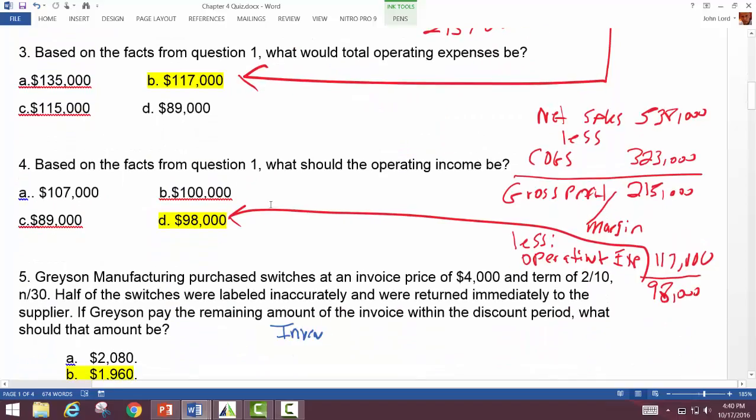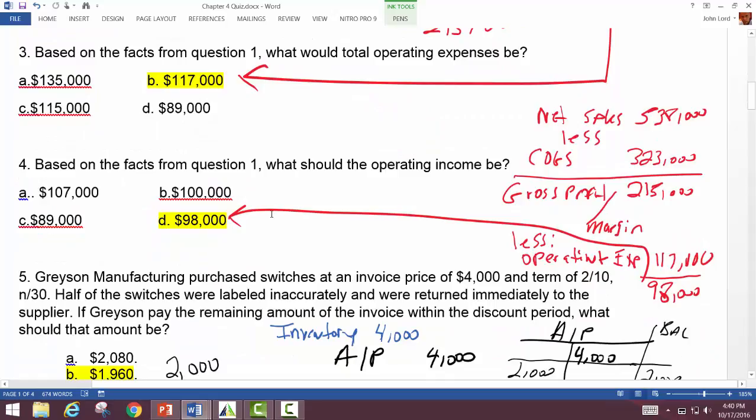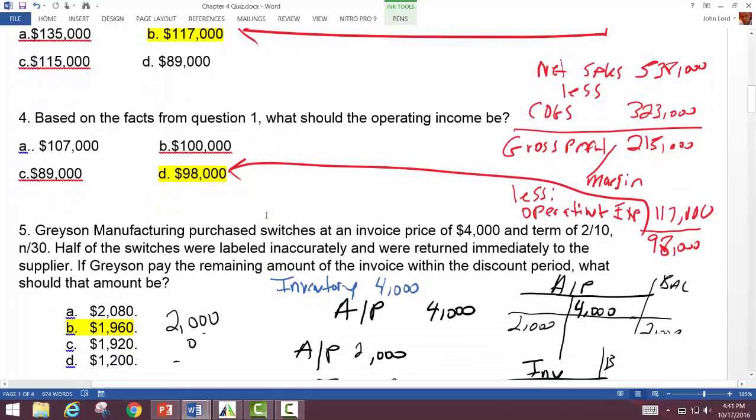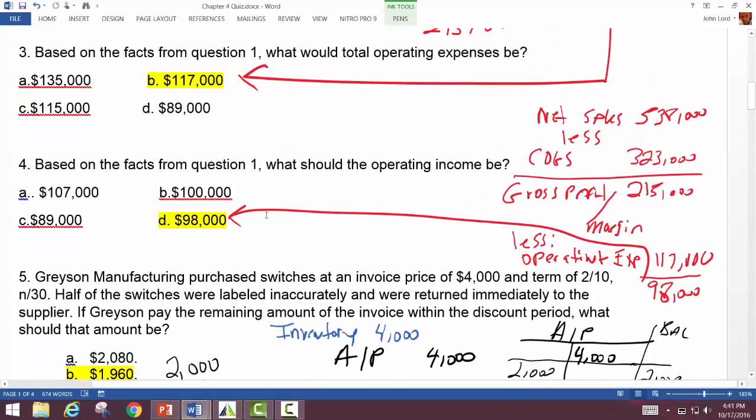Then gross profit minus our operating expenses, which we just calculated to be 117,000, gives us our operating income of 98,000. Right? Okay, good.